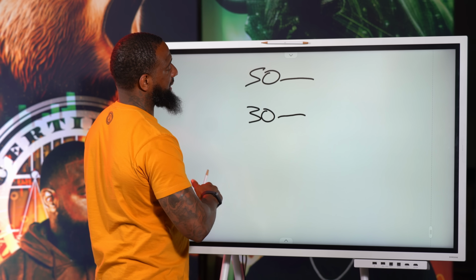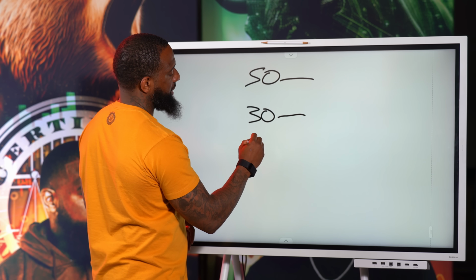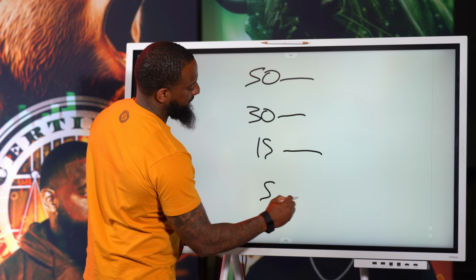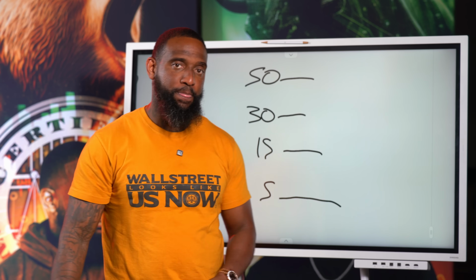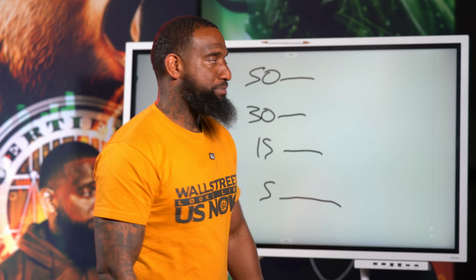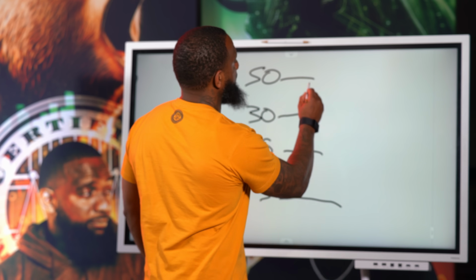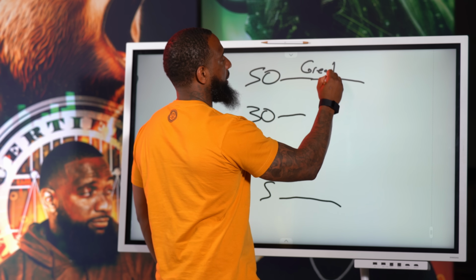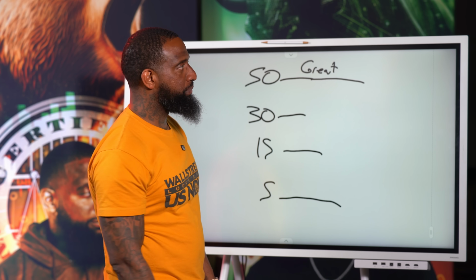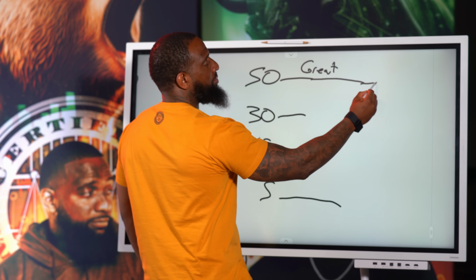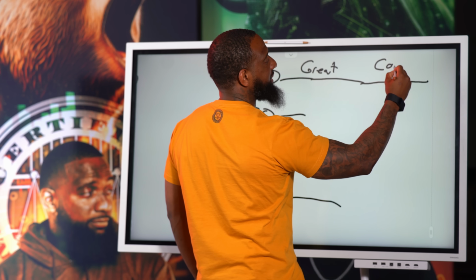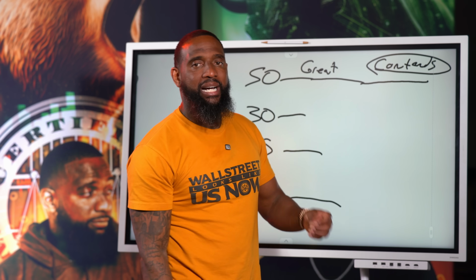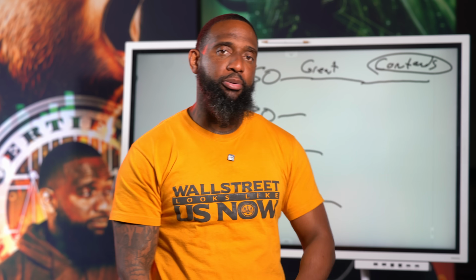Or I'll go 50%, 30%, 15%, and 5%. Now watch how I'm gonna lay this out. Because I want growth, I'm gonna look for companies with great balance sheets, which means they're good fundamentally. This is gonna be my Contenders. I will make my Contenders the heavy part of my portfolio.